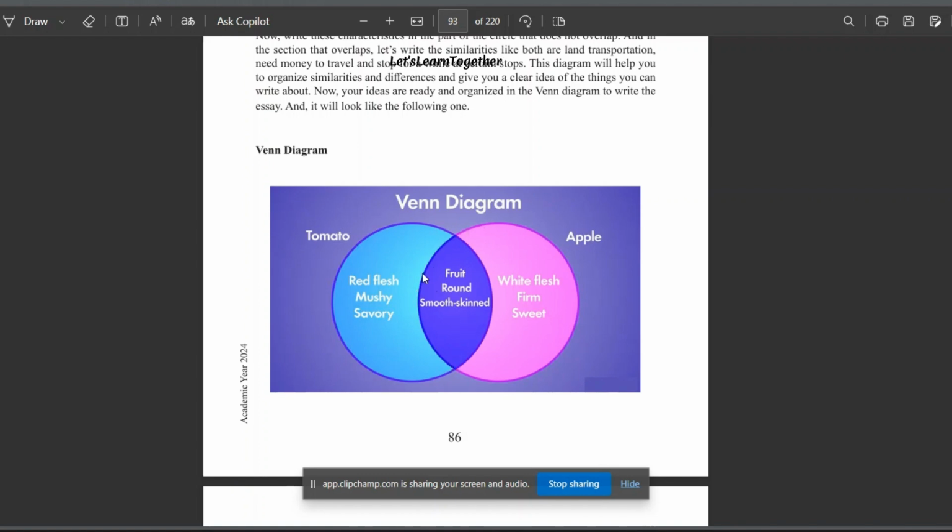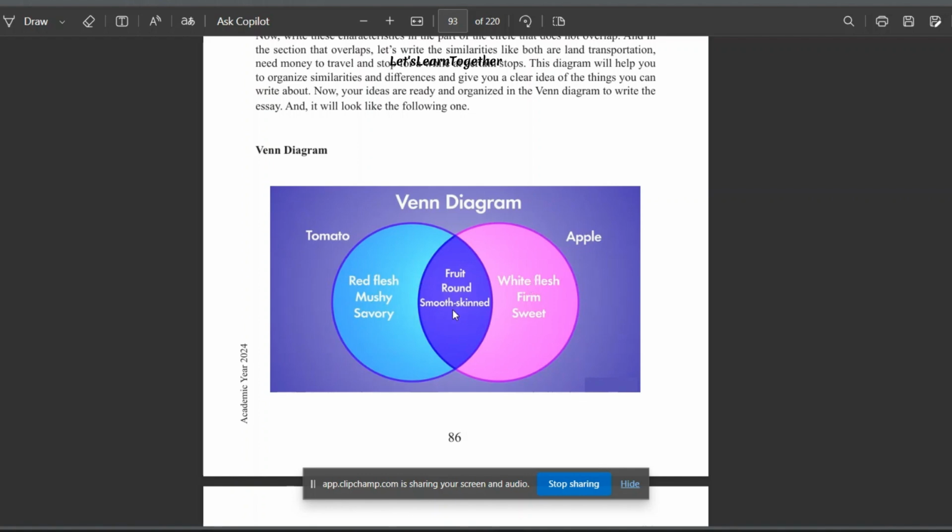Overlap means they will basically get mixed in a certain point, and in this point of overlap, all the points that are written in this part belong to both of the subjects, right?